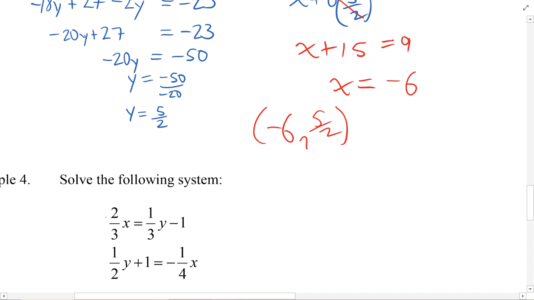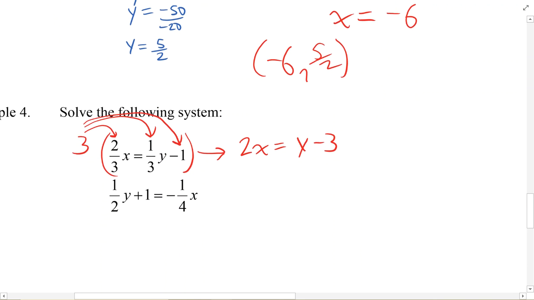So what would I multiply the top one by to get rid of my fractions? 3. So I'm just giving a facelift, changing the appearance. And like I said, 3. Oh boy. So times it in, times it in, times it in. So we're going to get 2x equals 1y minus 3.